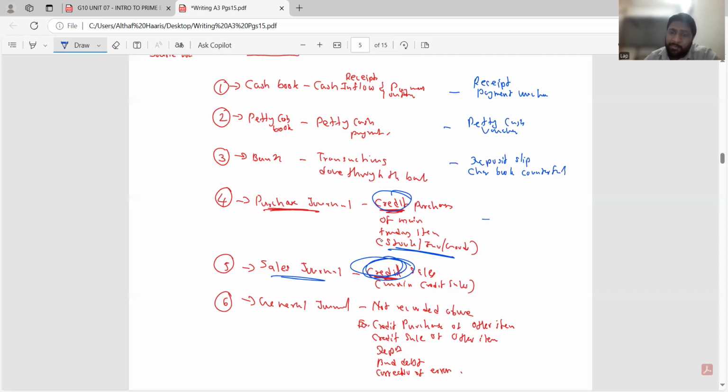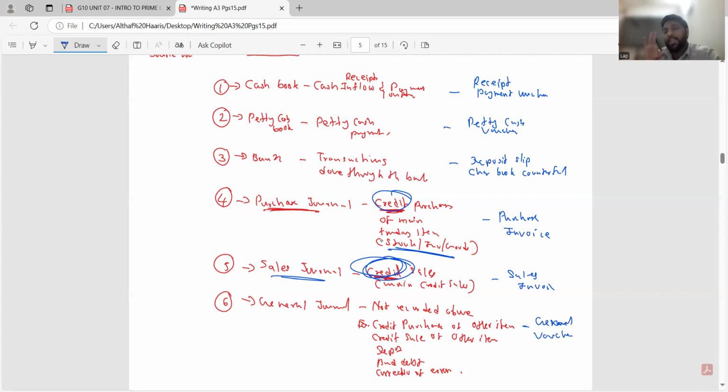Purchase journal, purchase invoice. Sales journal, sales invoice. General journal, the journal voucher. So these are the source documents that we learn connected to the primary books.